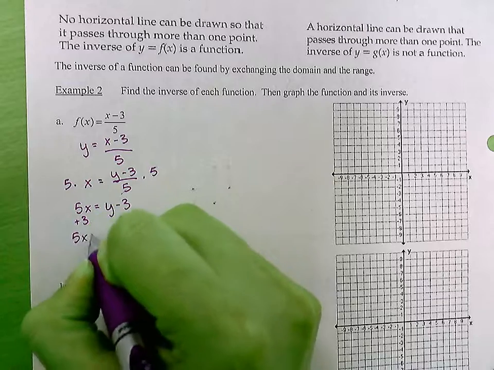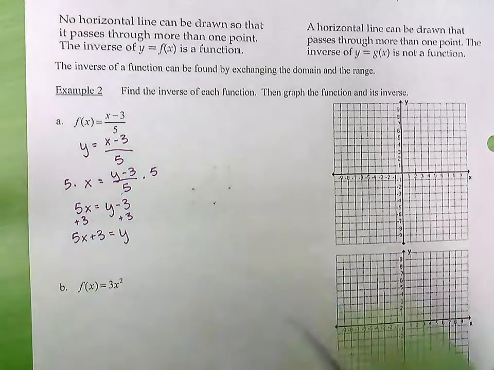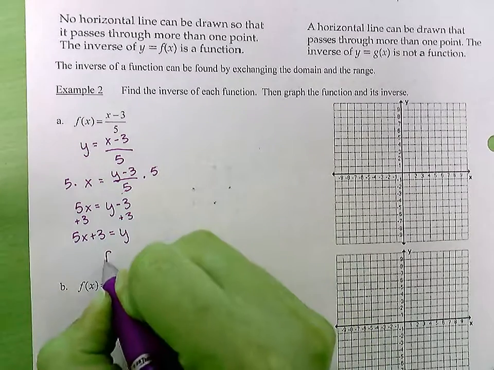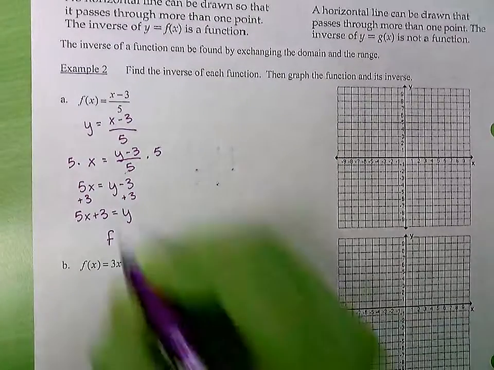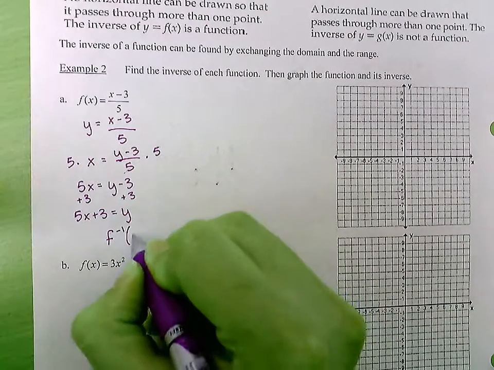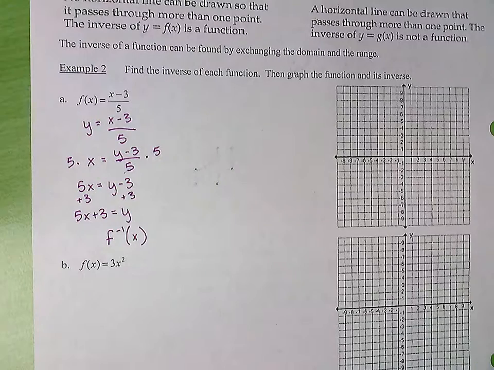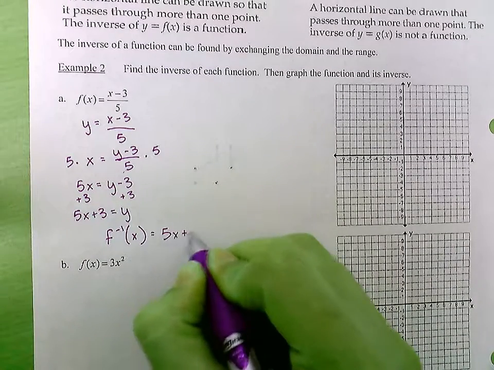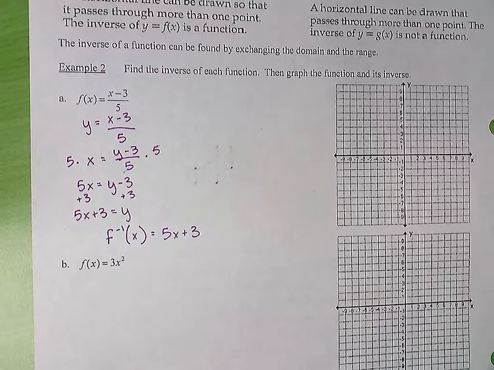So I have 5x plus 3 equals y. And I can rewrite that to make it look like an inverse function. So I'm going to say f inverse of x is equal to 5x plus 3. So I'm just changing that y value back to f inverse instead.